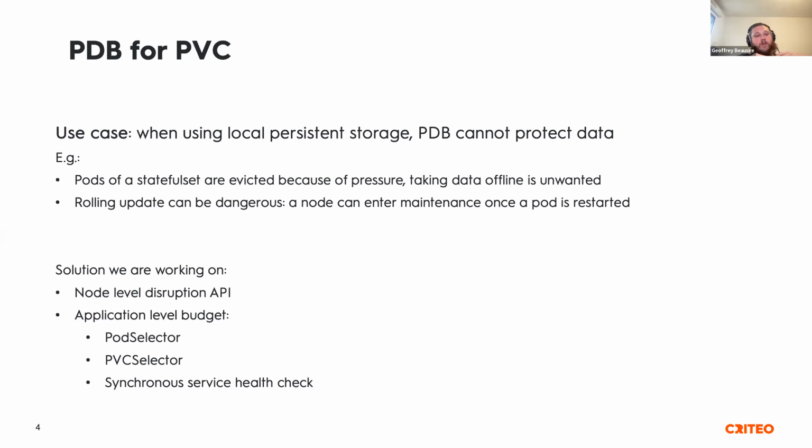So basically, with the eviction mechanism, you cannot evict data, which doesn't really make sense. But there are cases where we want to prevent a drain from being successful if we know that removing this data would be dangerous. And another use case is when you are doing a rolling update.